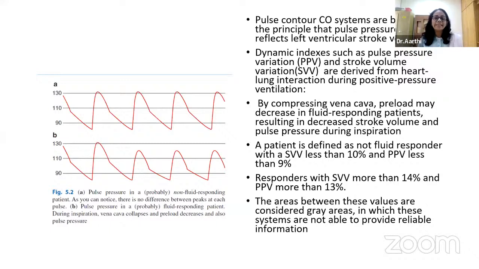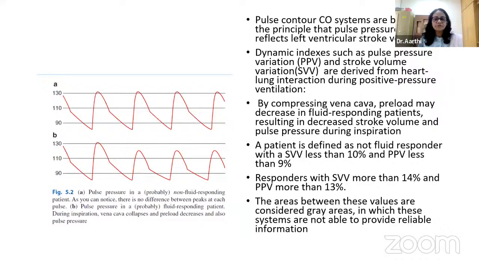So this is one of the dynamic indices which we monitor, the pulse pressure variation and also the stroke volume variation. It is derived from what is called heart-lung interaction during positive pressure ventilation. So what happens during positive pressure ventilation is that the vena cava is compressed, preload is decreased in fluid responsive patients, which results in a decrease in the stroke volume, and hence a decrease in the pulse pressure during inspiration.